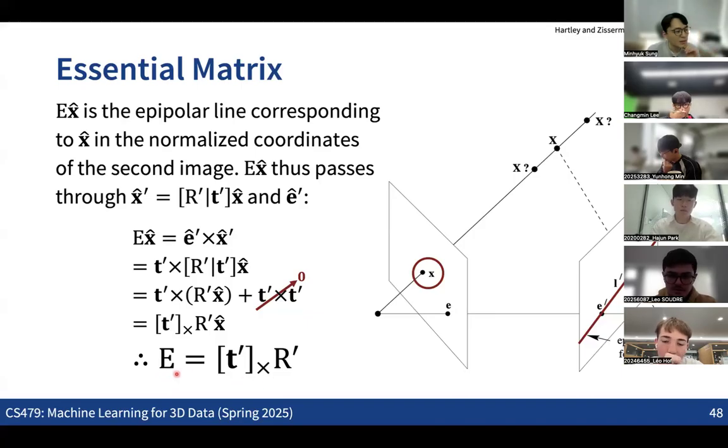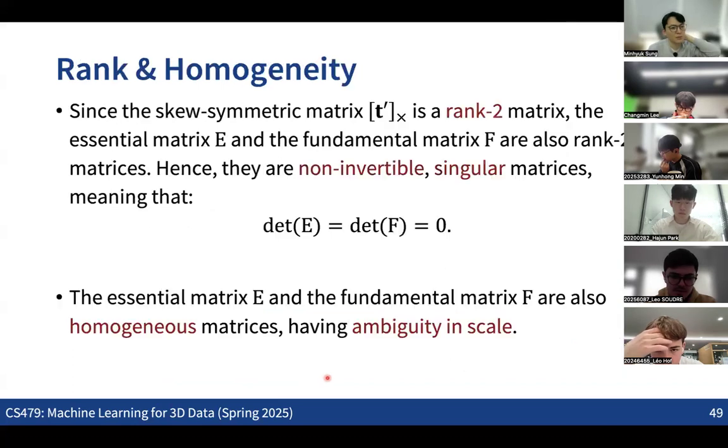The second thing is that the matrix E is now represented as the multiplication of the 3x3 skew matrix and the rotation matrix. This is important, because the 3x3 skew-symmetric matrix, as we have seen in the previous slide, is a rank 2 matrix. It's not a full-rank matrix.